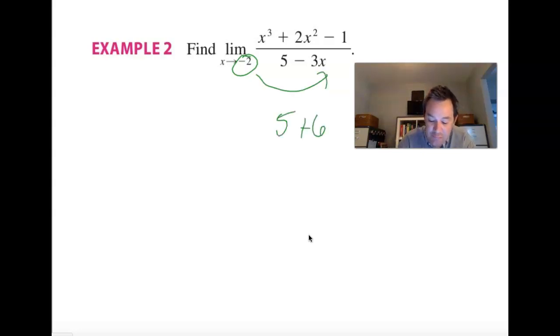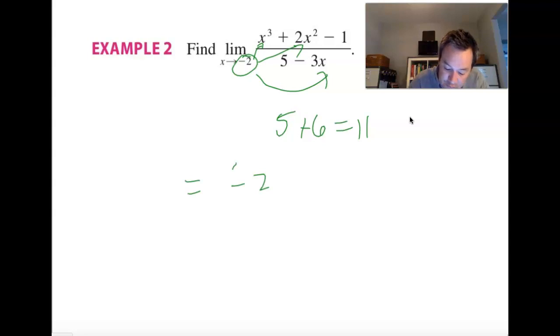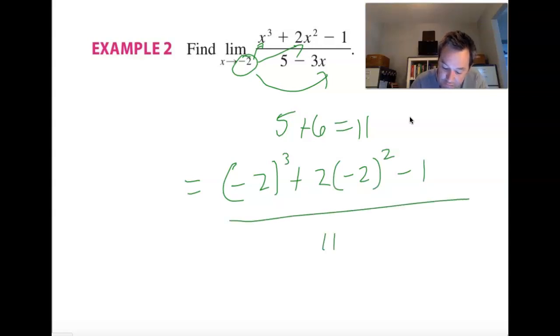No, because I end up with 5 plus 6, which is 11. So no, it is in the domain. So all we need to do is make a direct substitution into all these x's, and we should be good. So I get negative 2 to the third plus 2 times negative 2 squared minus 1 over 11. And that's what? Negative 8 plus 8 minus 1. So we end up with negative 1/11.